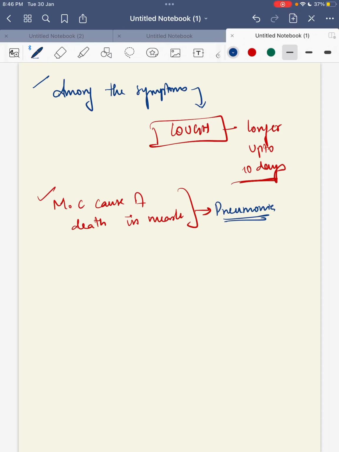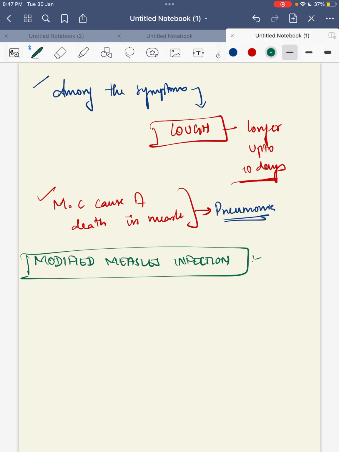Okay, next you have another entity called modified measles infection. So what is the meaning of modified measles? Modified measles is not a highly contagious one.